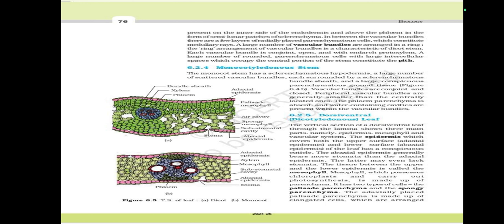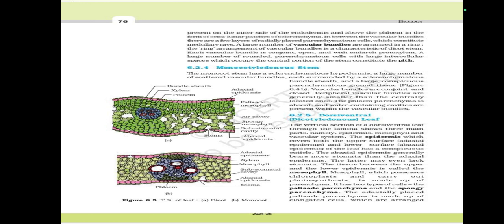Vascular bundles are conjoint and closed. Peripheral vascular bundles are generally smaller than the centrally located ones. The phloem parenchyma is absent and water-containing cavities are present within the vascular bundles.